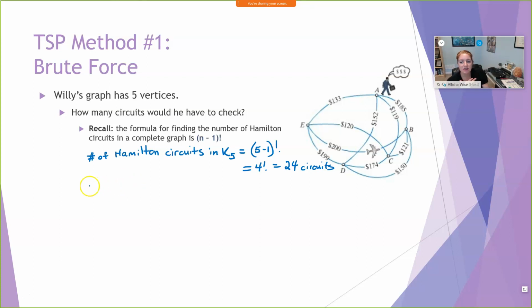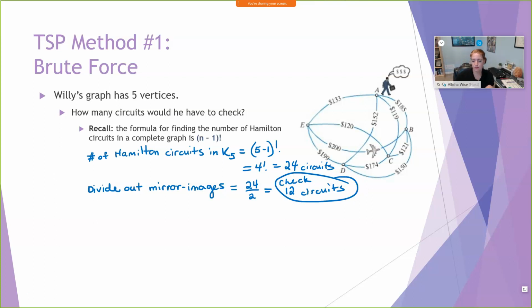We can divide out the mirror images, and to do that, we simply take that number and divide it by 2. So we would only need to check 12 circuits in a complete graph of 5 vertices. We'd only need to check 12, which you're like, cool. The less we have to check, the better. Always a good thing.